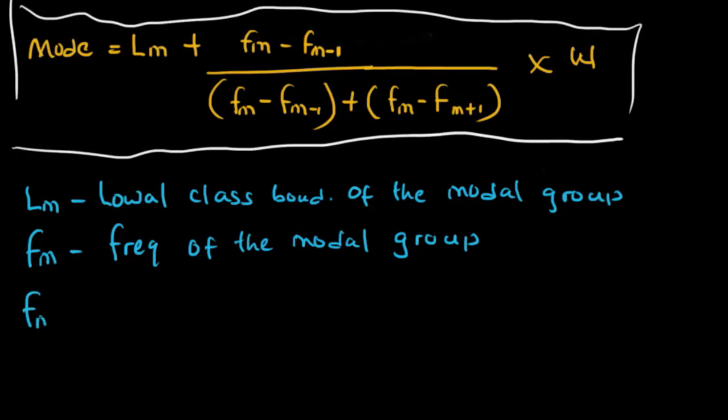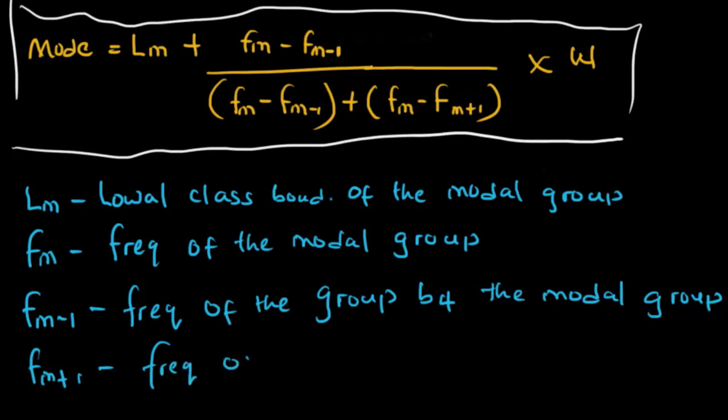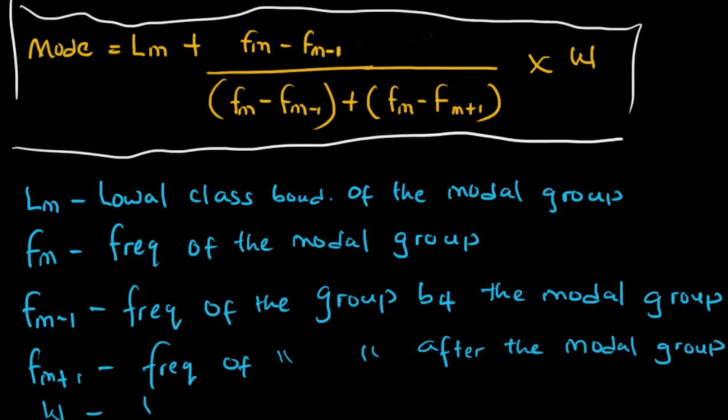Then Fm-1 is the frequency of the group or class before the modal group. Then we have Fm+1, that's the frequency of the group after the modal group. What else? We have W. W is the width of the data set.